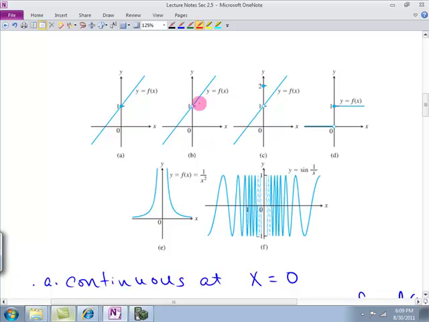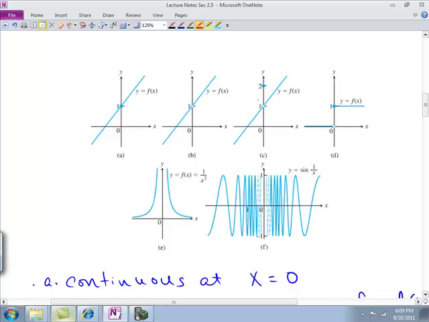It's discontinuous because at x equals 0, it's undefined. And right here, the same thing. On this line, it would be continuous. Could this be continuous if f of 0 were 1? And could this be continuous if f of 0 were 1 and not 2?